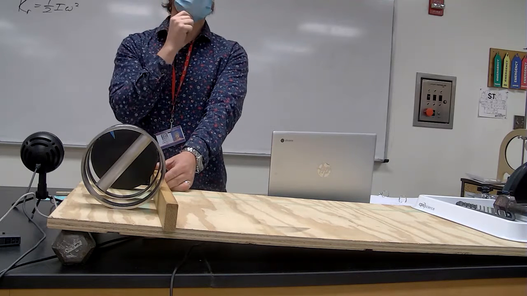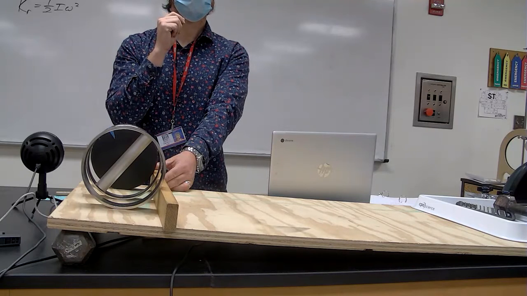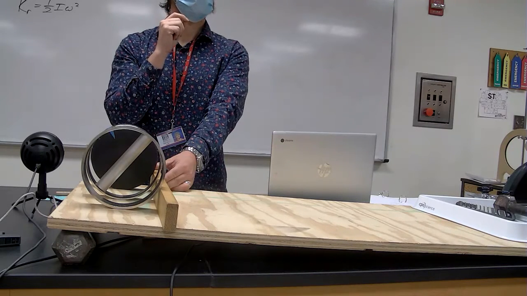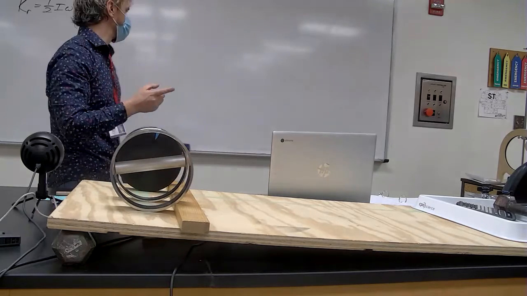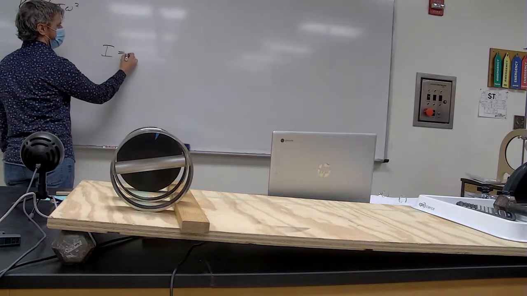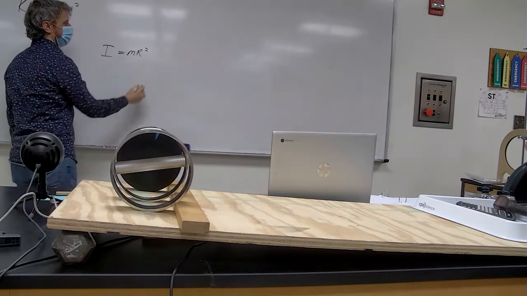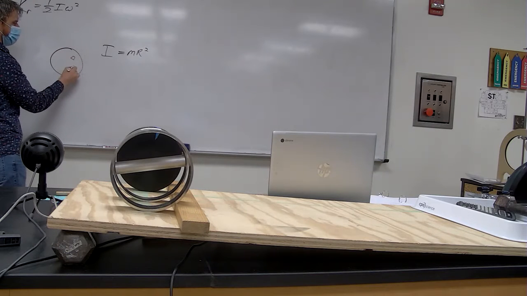Going with the lowest rotational inertia, I think it's this solid disc. What dictates the rotational inertia of an object? Remember, for a point mass, it's just mr squared. And for a solid object, you can just consider a bunch of infinitesimally small masses and their radii, dm.